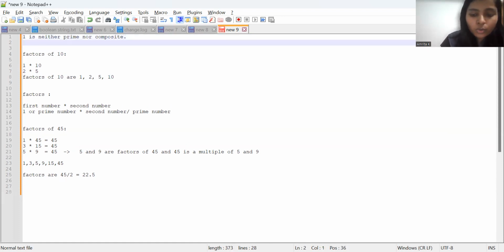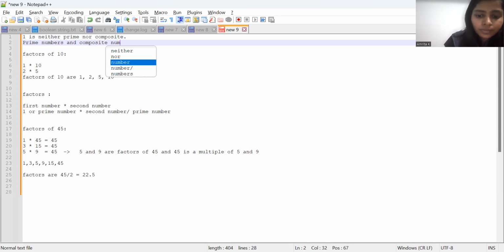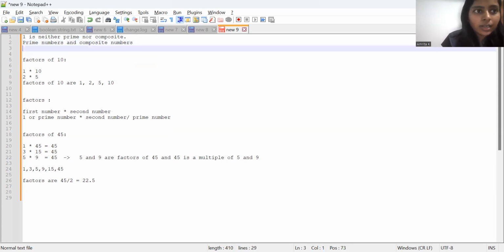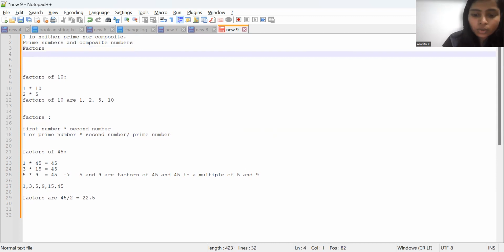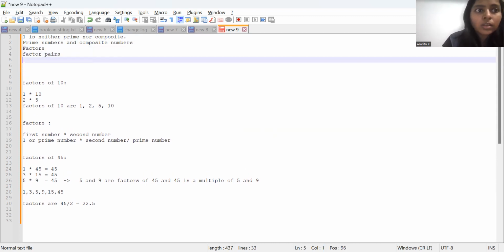Then we got to know what are prime numbers and composite numbers. Next, we got to know what are factors. Then we got to know what are factor pairs. Then we got to know what are multiples.